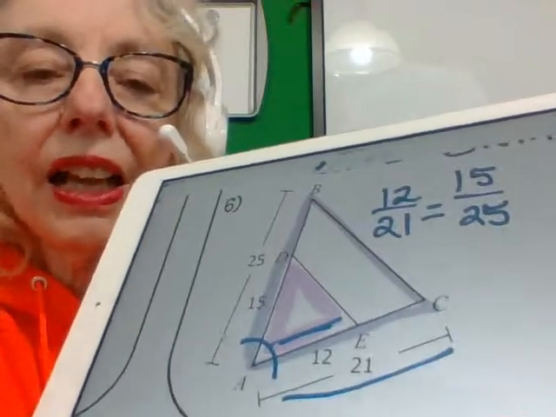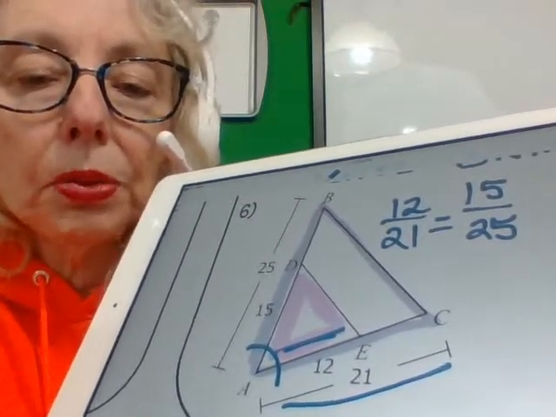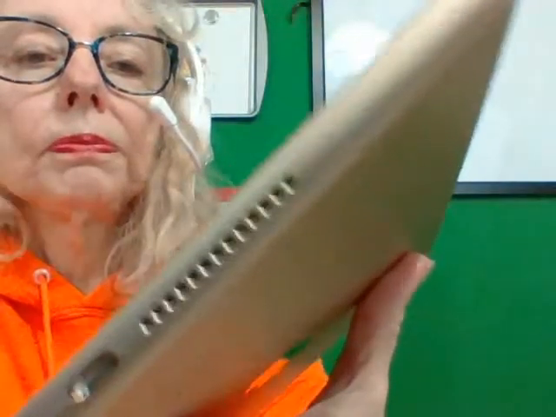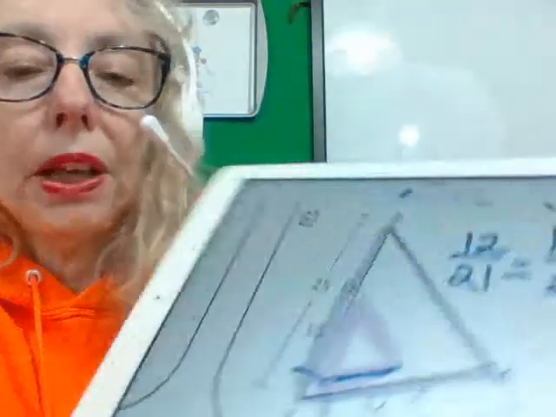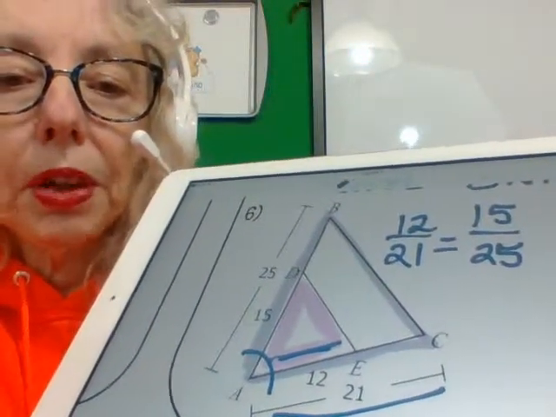All right, and we can simplify or we can cross multiply. I don't have my calculator up. So if you cross multiply, let me see if I can grab that calculator real quick. Of course not. Here we go.